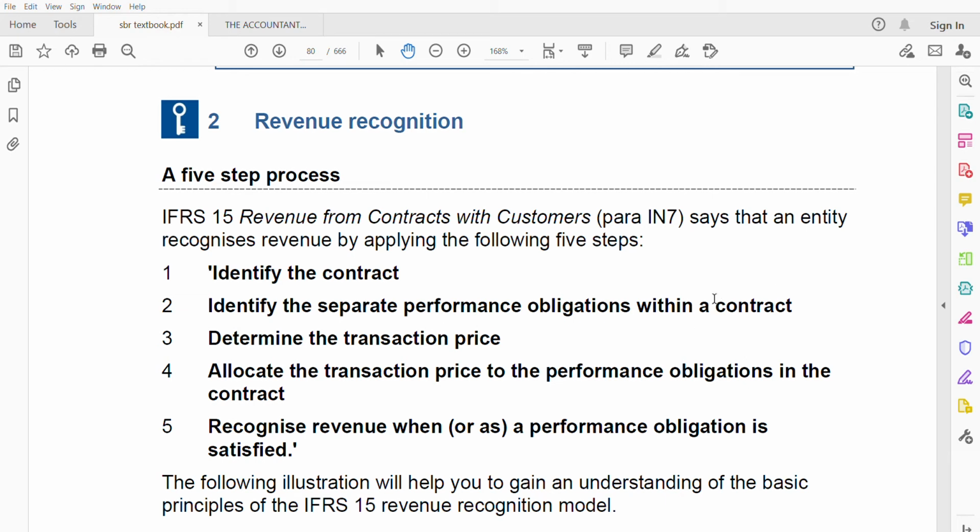Separate performance obligation means what needs to be done within a contract. They will give you what the performance obligations are. Third, determine the transaction price. What is the transaction price? Fourth, allocate the transaction price to the performance obligations in the contract. Fifth, recognize revenue when or as a performance obligation is satisfied. So whenever you satisfy a performance obligation, you recognize revenue, right?